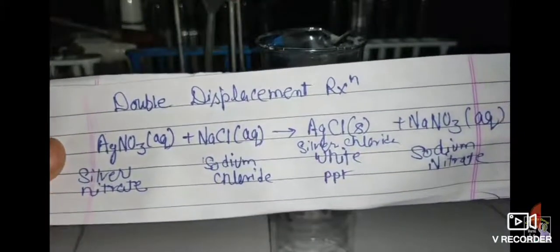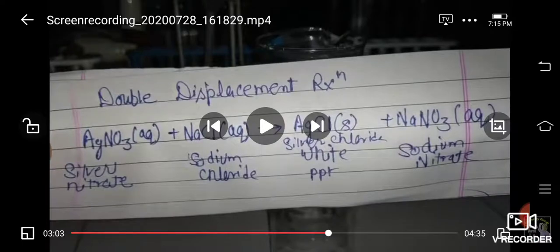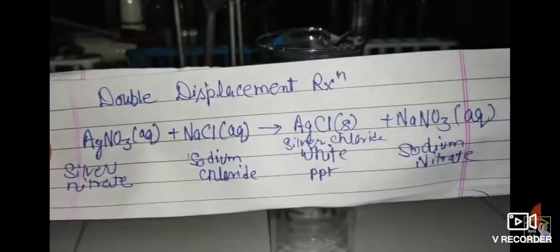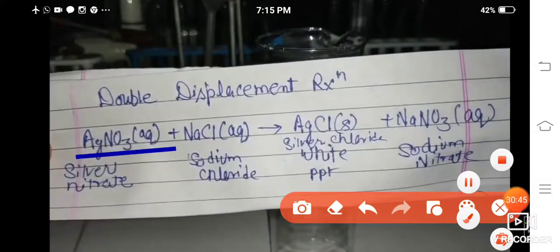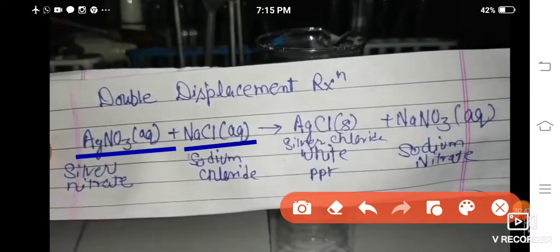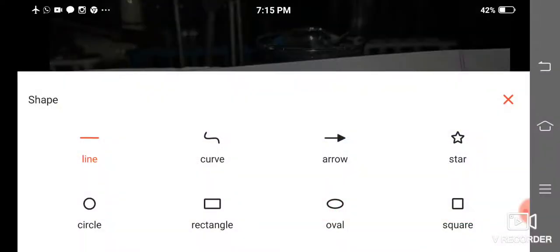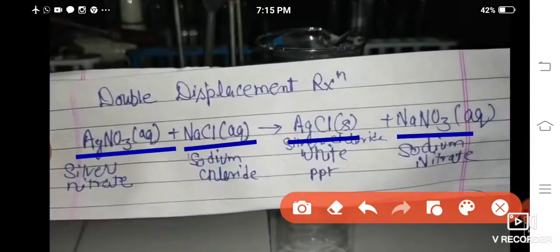See, you can see here silver nitrate plus sodium chloride. So AgCl and NaNO3 have been formed. Now see, silver is replaced by which one?